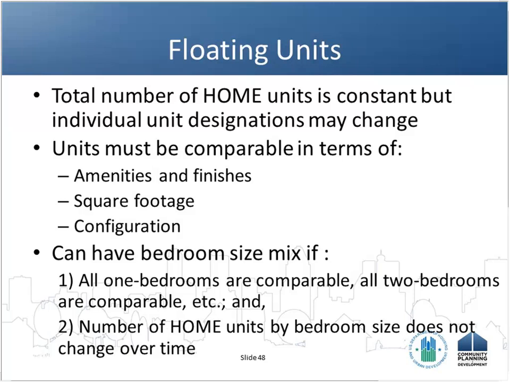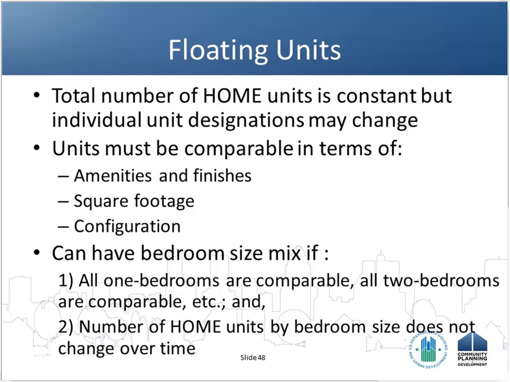So if all of the 1-bedroom units are comparable and all the 2-bedroom units are comparable within a project, then when the PJ designates the home-assisted units and designates them as floating, they'll be able to float amongst those specific units. As I mentioned yesterday as an example, in some cases we might have, let's say, 2-bedroom garden-style apartments and 2-bedroom townhouses that perhaps maybe the townhouses have a lower level and so have, even though they have the same number of bedrooms, quite a bit more space.